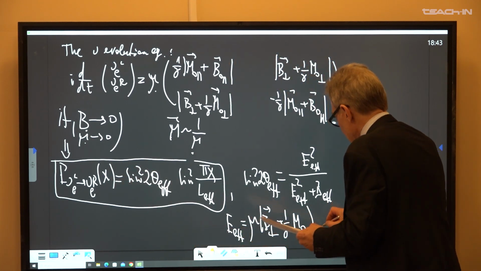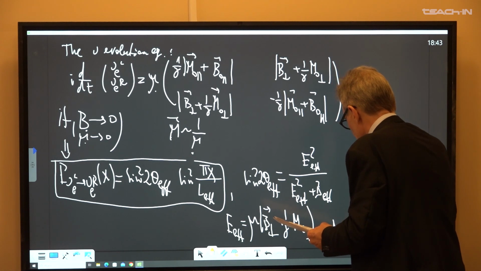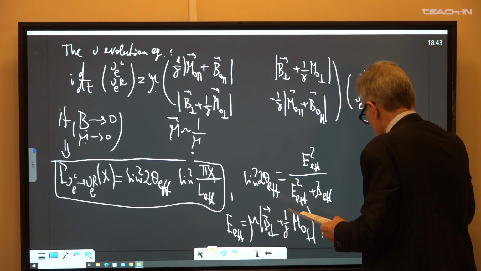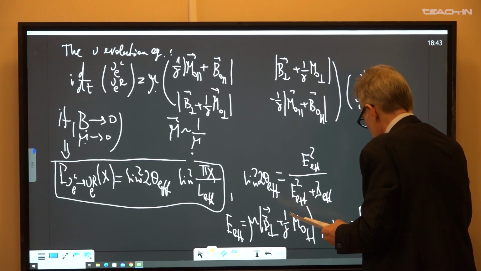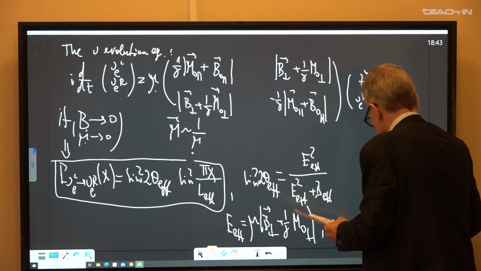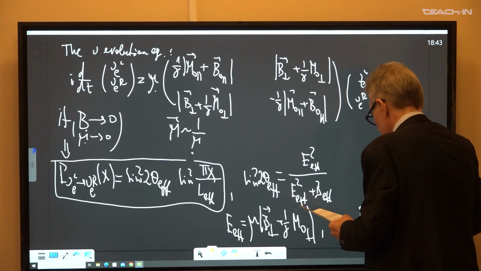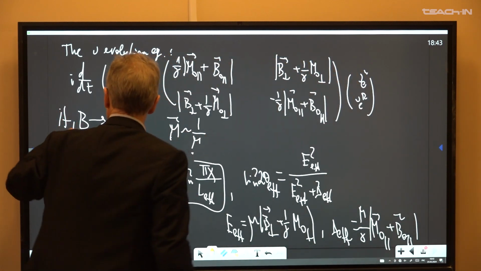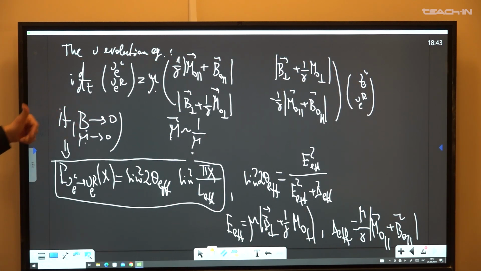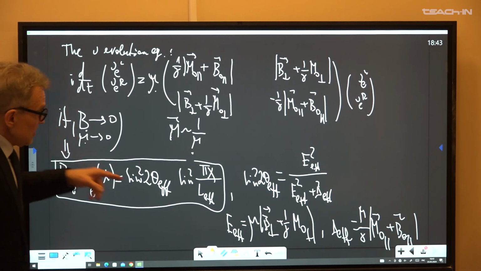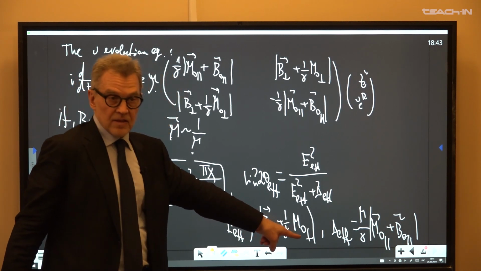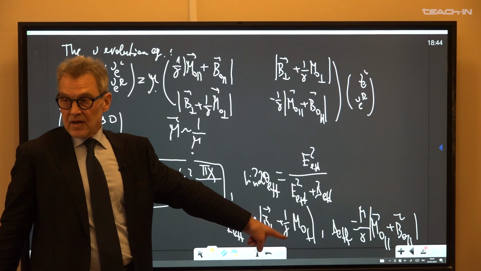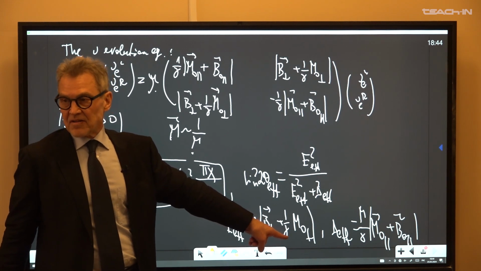And delta effective is equal to mu divided by gamma M transversal longitudinal plus B longitudinal vector. So if we are insisting that we would like to switch off the magnetic field and magnetic moment, then this E effective is exactly and only determined by the transversal matter current, if you remember.